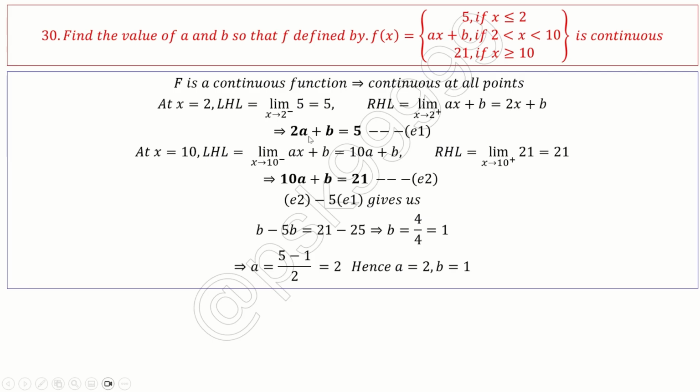So one equation I'll get is 2a plus b equal to 5 because LHL equal to RHL, as it is continuous at all points. Now at x equal to 10, LHL is 10a plus b, RHL is 21. So 10a plus b equal to 21. Now I have two equations, two variables. I can solve them. I'll get a equal to 2 and b equal to 1.